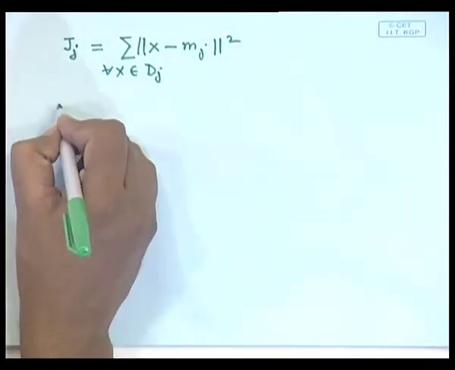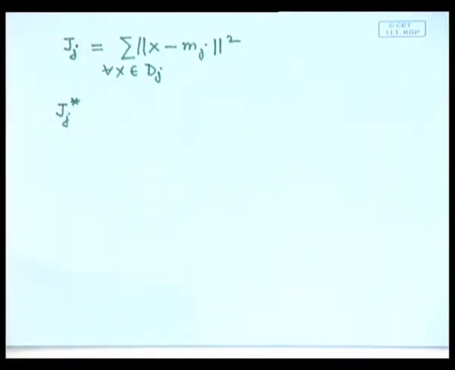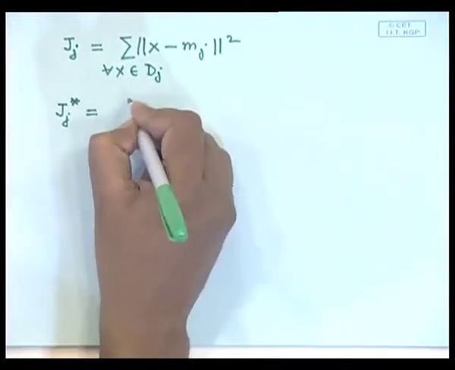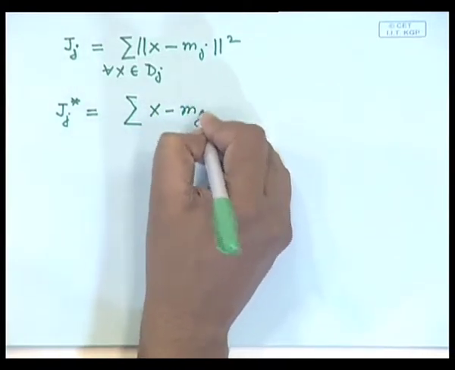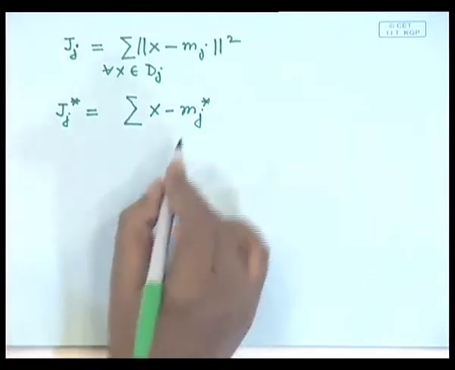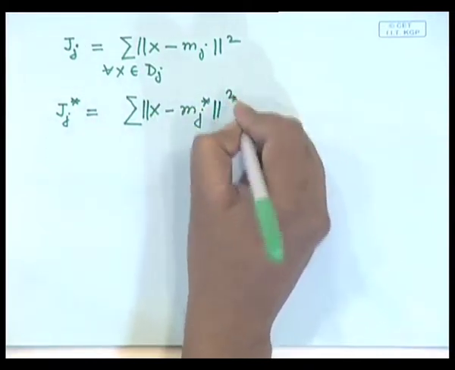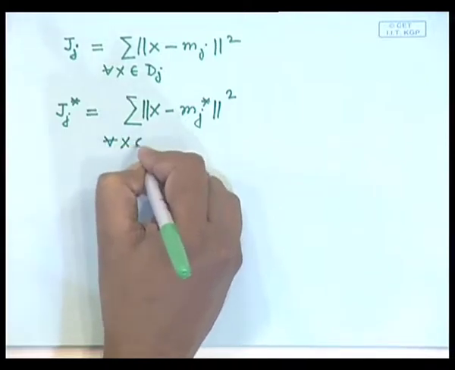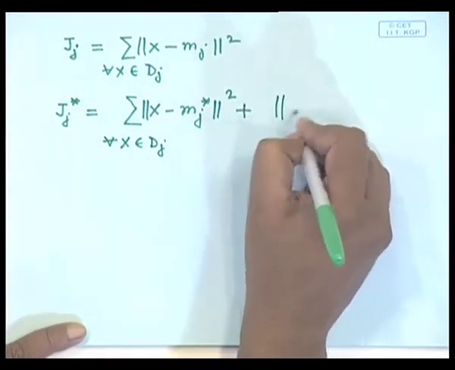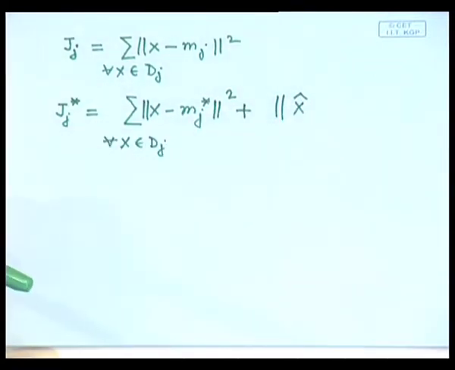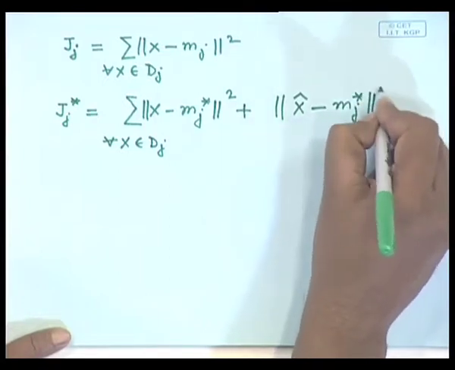After I put this x hat, the total error in the jth cluster is changed to X j star, which is nothing but the summation of x minus m j star, because now the new mean is m j star, it is not m j anymore, squared, for all x belonging to cluster D j, plus, as this new feature vector x hat has been included in the jth cluster, x hat minus m j star squared.